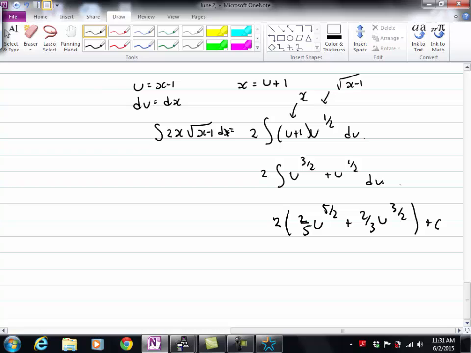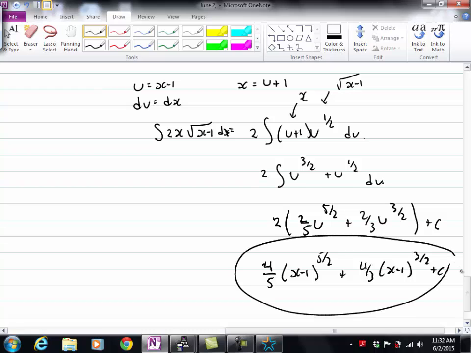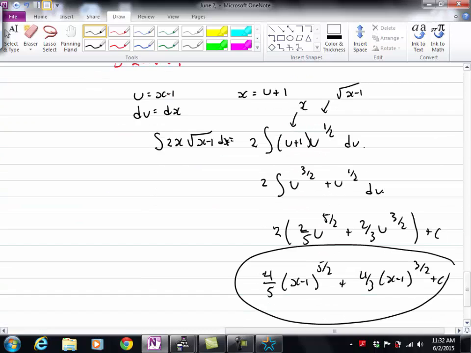But I know that u equals x minus 1, so it becomes 4/5 x minus 1 to the 5 over 2, plus 4/3 x minus 1 to the 3 over 2, plus c. And this is where the last piece came from. So I went from 5 to 6 pieces because I used integration by substitution.